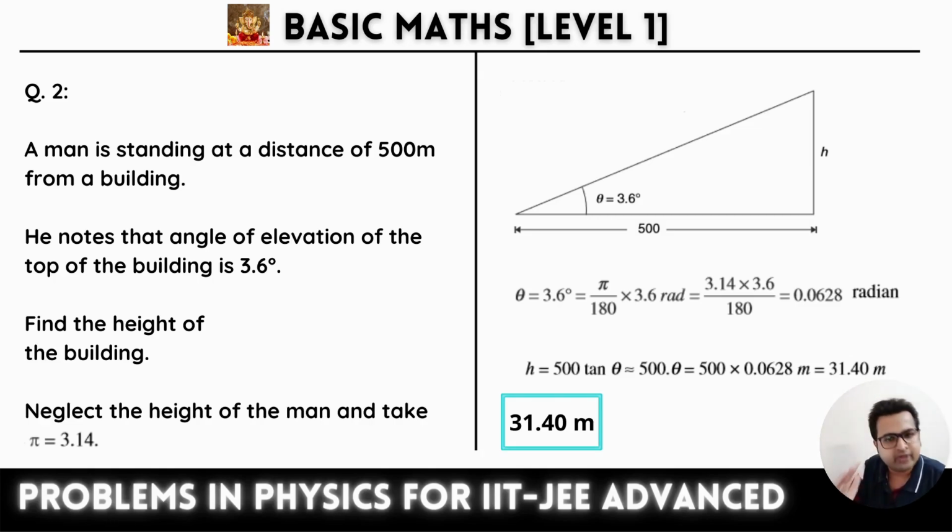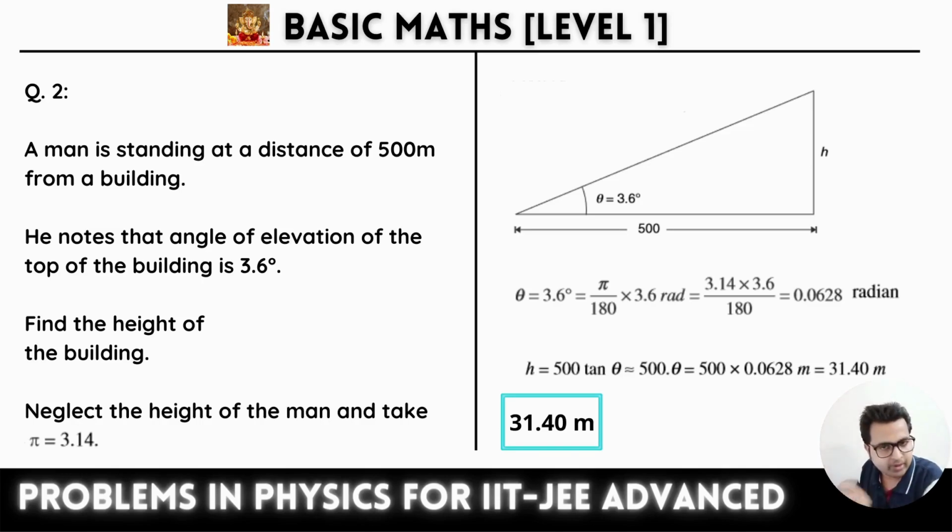You might be aware there are two concepts, angle of elevation and angle of depression. Whenever we look up to any object, that gives the angle of elevation, and whenever we look down to any object, that gives the angle of depression. Here the angle of elevation is 3.6 degrees. We just have to calculate h. From the diagram we can easily calculate h.